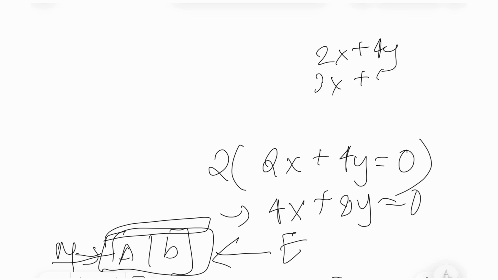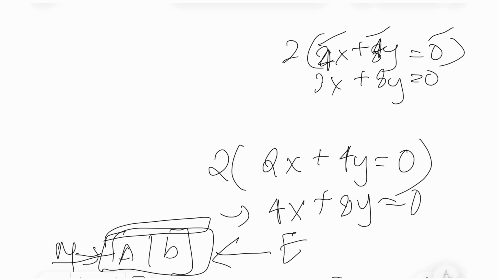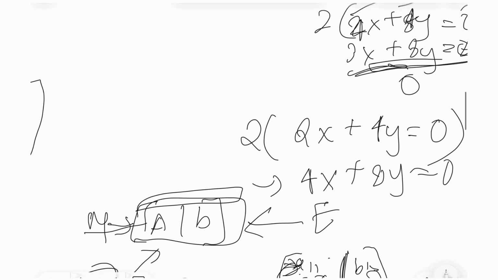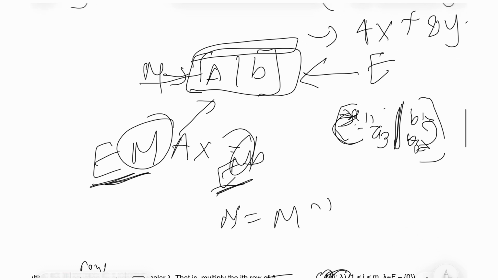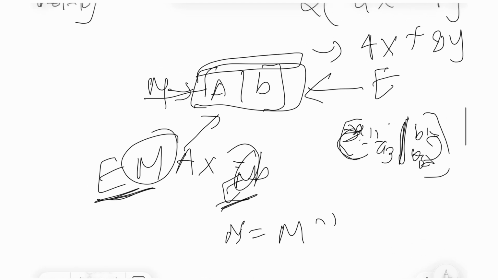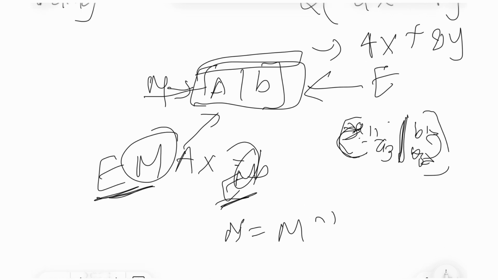If you've done the elimination method before, that's exactly what we do. We multiply one by something. That doesn't change it, it just stays the same. But now we can use it to subtract it from the bottom one to make one of our variables 0. That's exactly what we're doing. That's the essence of what we're doing. That's why this is called Gaussian elimination. It's just in the form of matrices.